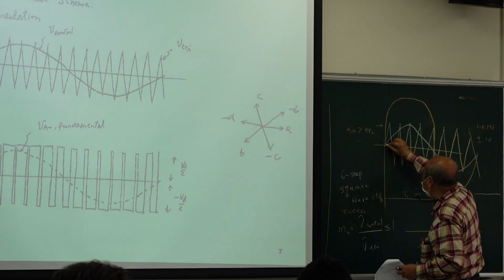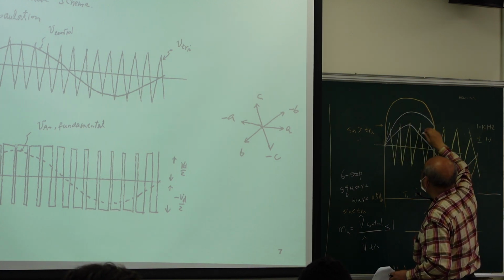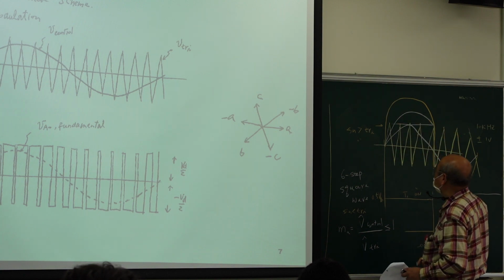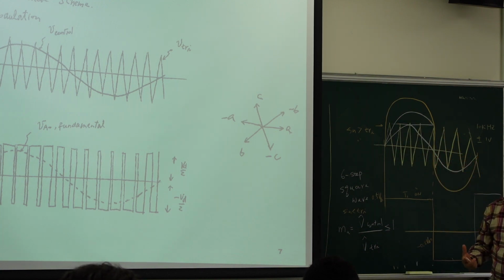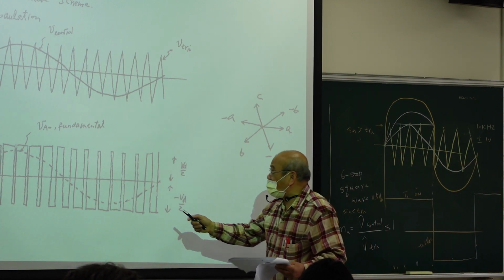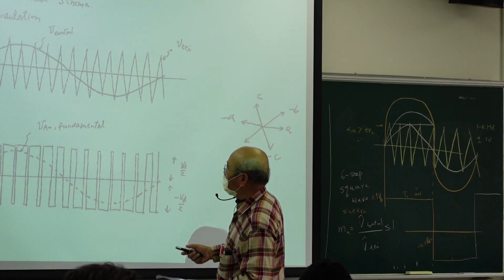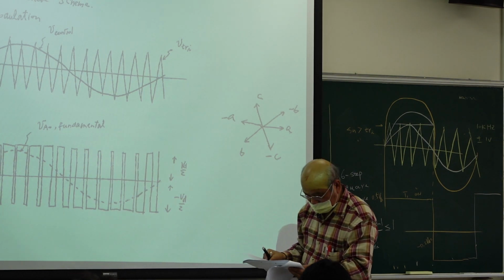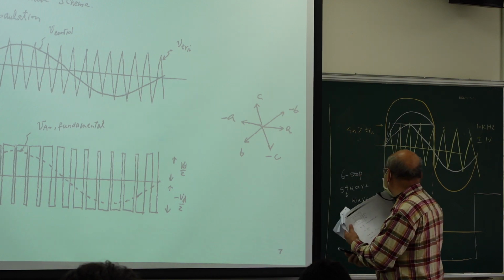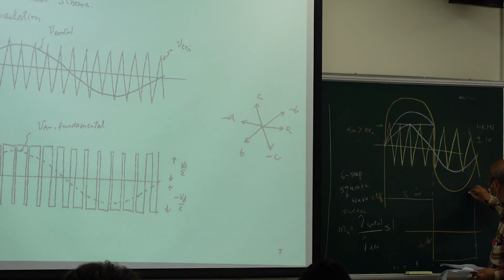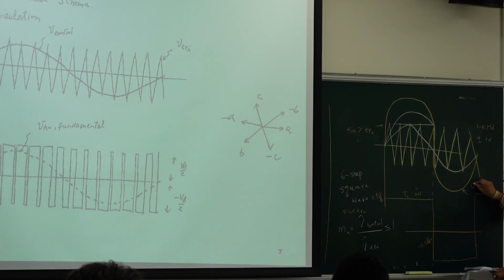You cannot go over. If you go over, then you do not have PWM. It is useless. So the maximum point cannot exceed 1.0. We call this MA. So you have to follow this rule. If you do this, we call this over modulation.